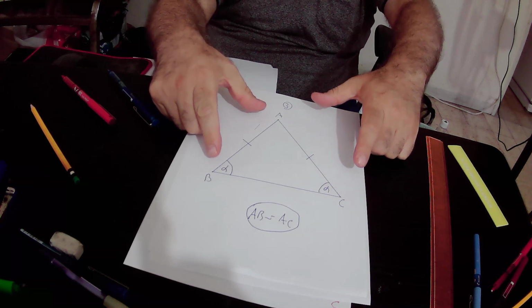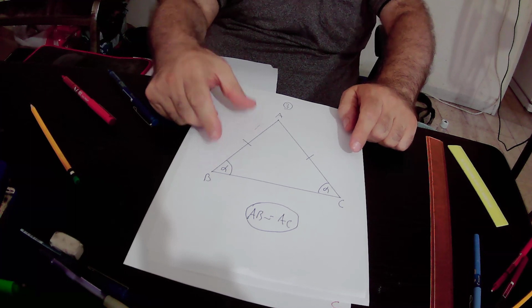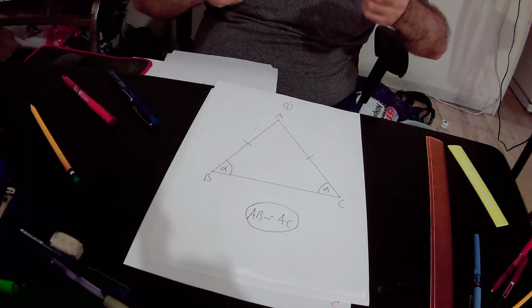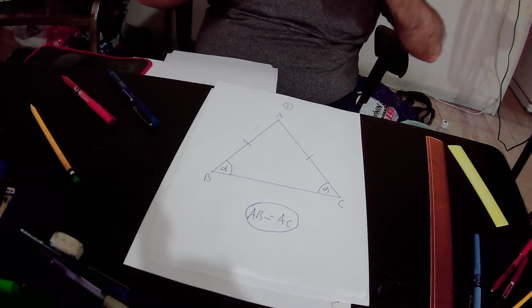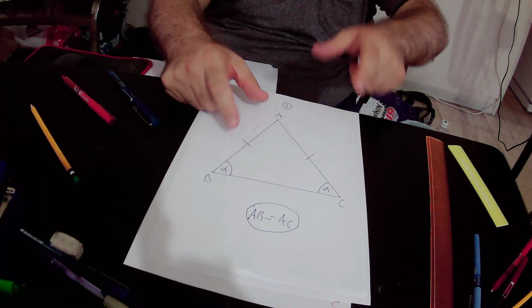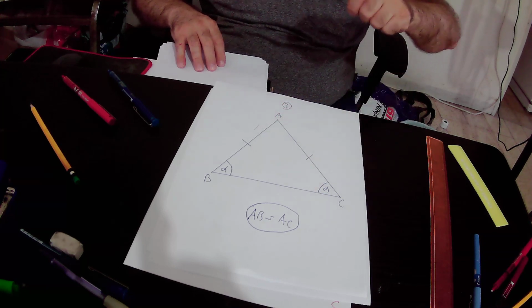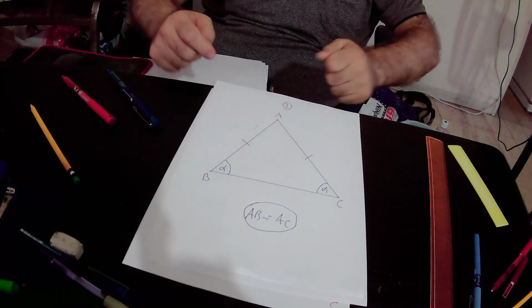So according to rule number 1, AC will be equal to AB. Why? Because in front of equal angles we have equal sides. Therefore, AB will be equal to AC.